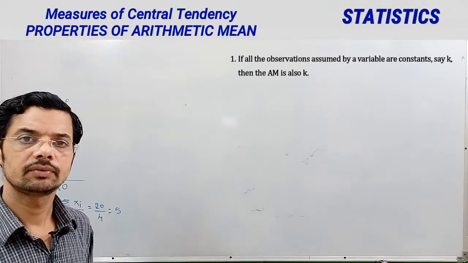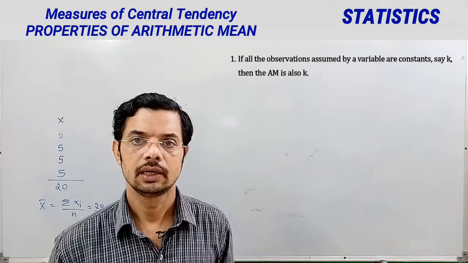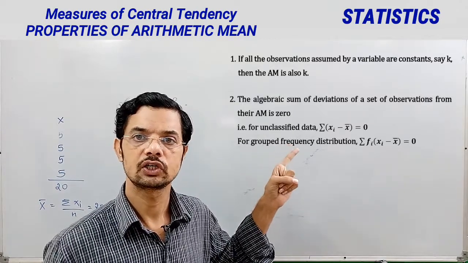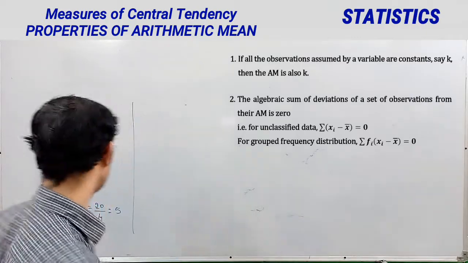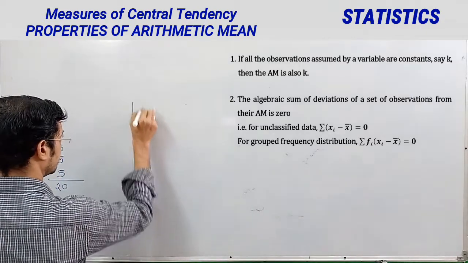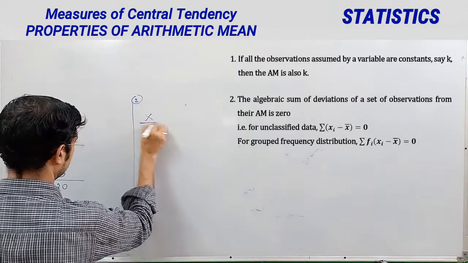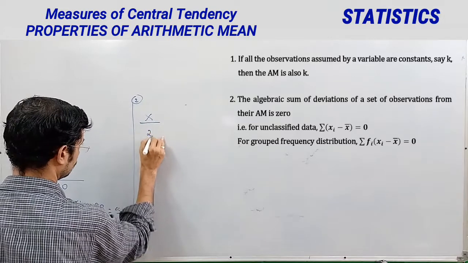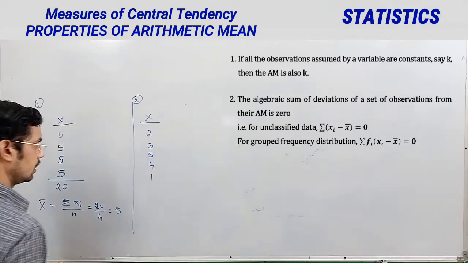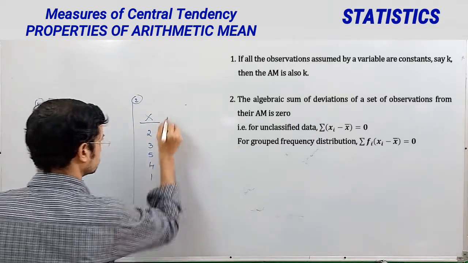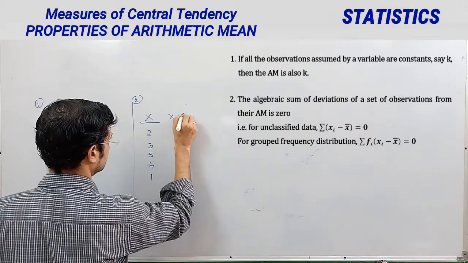Now the next property says that the algebraic sum of deviations of a set of observations from the arithmetic mean is 0. Let us take an example. This is the second property. Let the observations be 2, 3, 5, 4 and 1. Now we are talking about deviations, xi minus x bar.